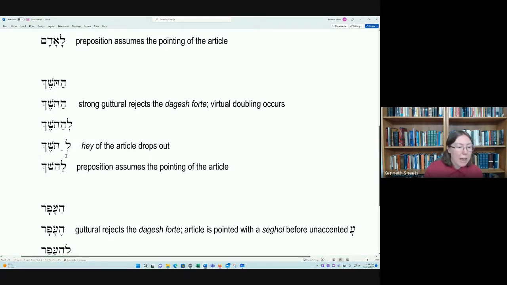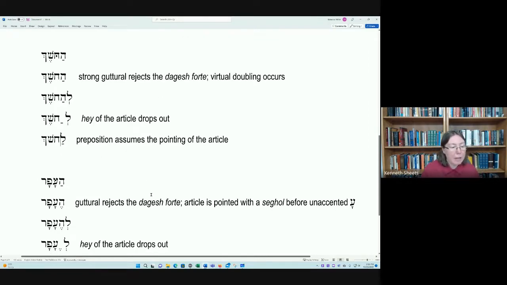And again, we have a vowel without a consonant, which is an impossibility in Hebrew. So what happens then is the lamith preposition, or the inseparable preposition, either of the three, will go ahead and assume the pointing of the article, leaving us then with the form la choshek there. And so thus to the darkness, where the preposition has assumed that pointing.